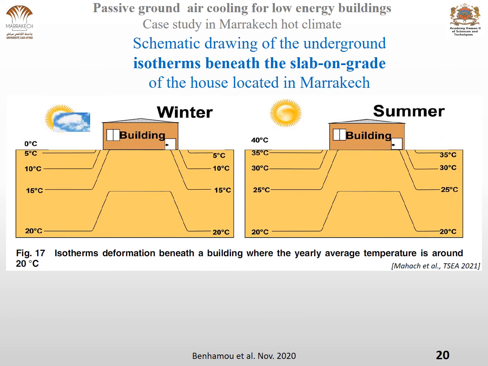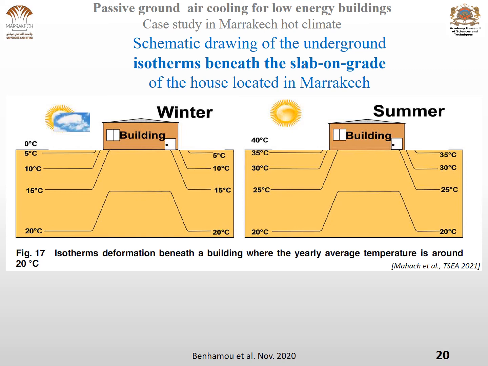So we can deduce from this result that the isotherms beneath the slab-on-grade of the house can be schematically represented as in these two figures, in the summertime and the wintertime.